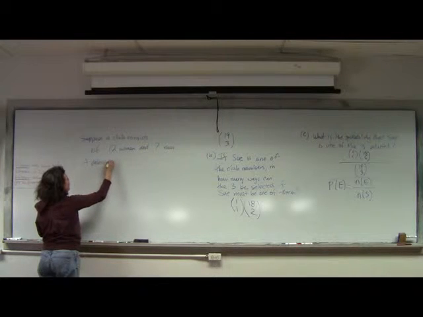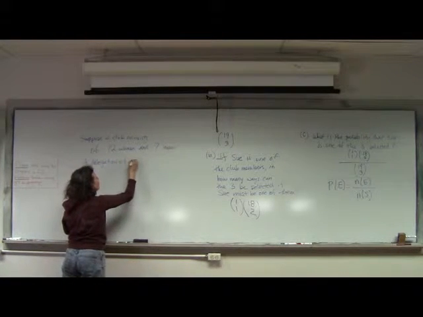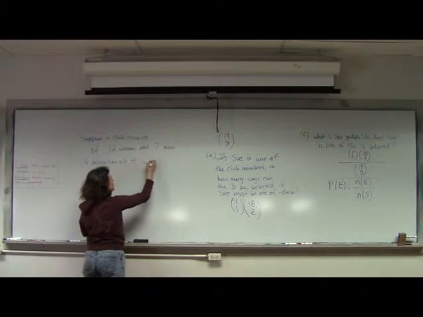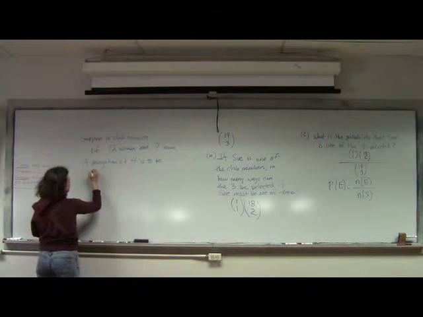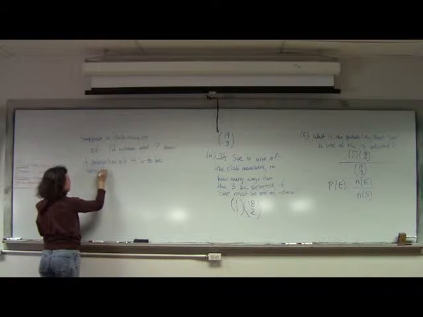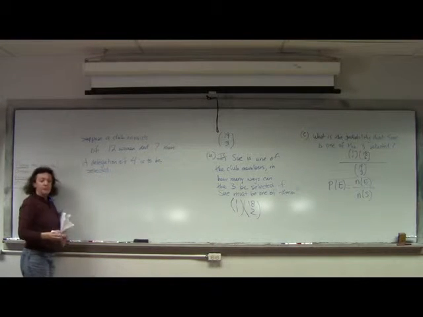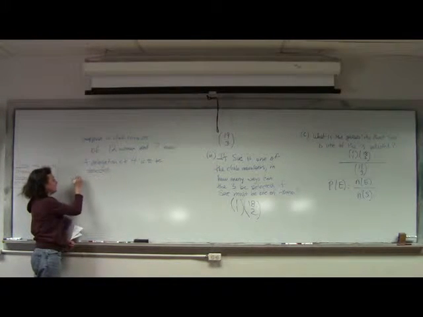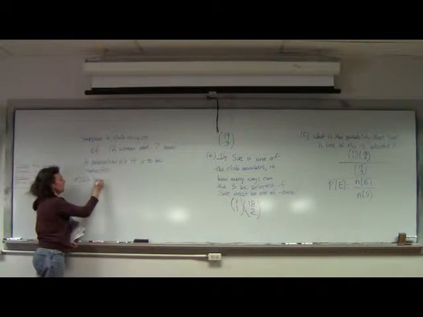A delegation of 4 is to be selected. Okay, part A. In how many ways can this be done?